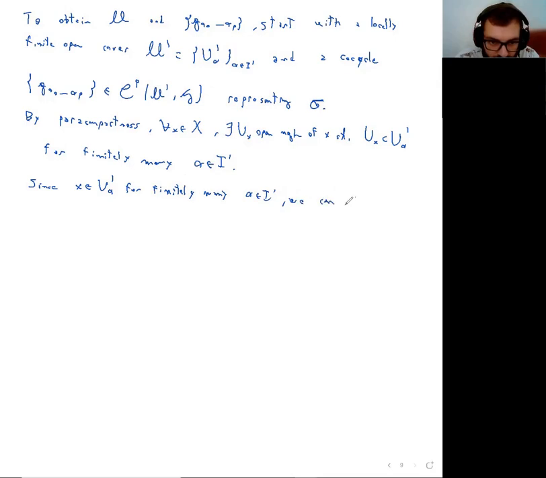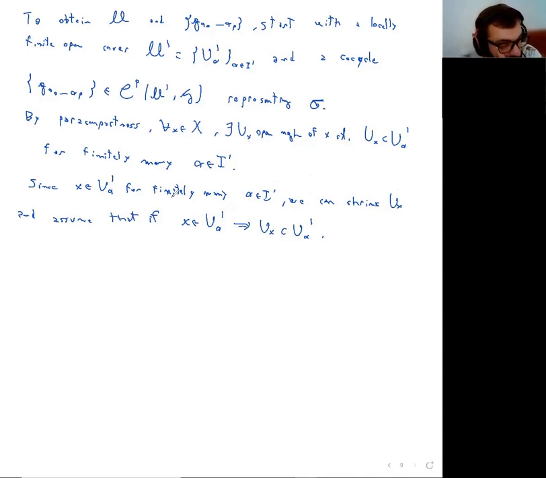We can shrink U_x and assume that if x is in U alpha prime, then U_x is contained in U alpha prime. Okay.